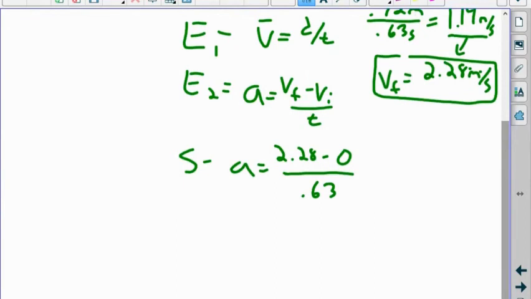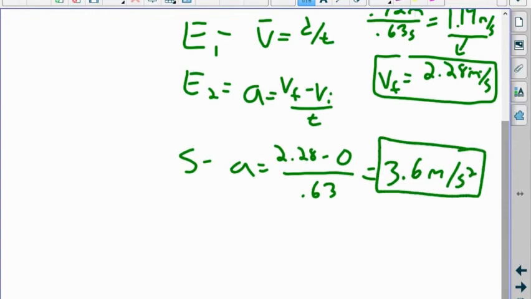And so if I do that out, I get 2.28 divided by 0.63, and I'm going to come up with 3.6 meters per second squared. And that is my answer.